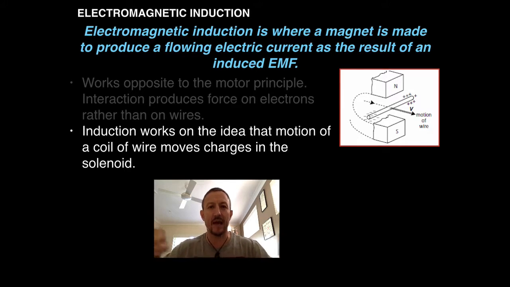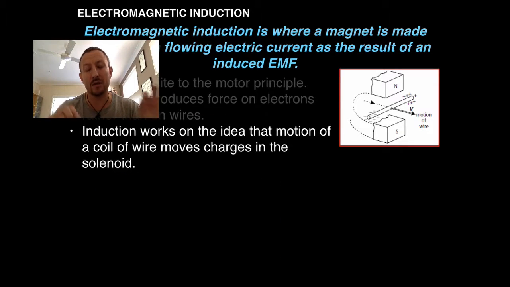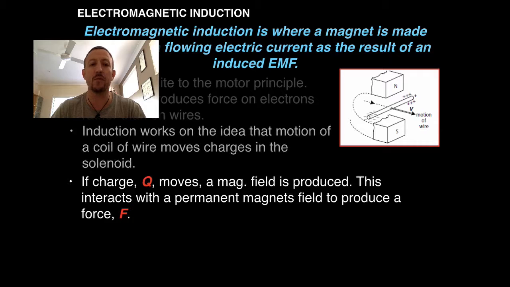Now moving that wire or conducting rod basically has got charges. Those charges are moving, and if we remember back right at the beginning of this unit, any charge that moves will generate a magnetic field. As long as we're moving it through a stationary magnetic field, those two fields will interact to produce the force.